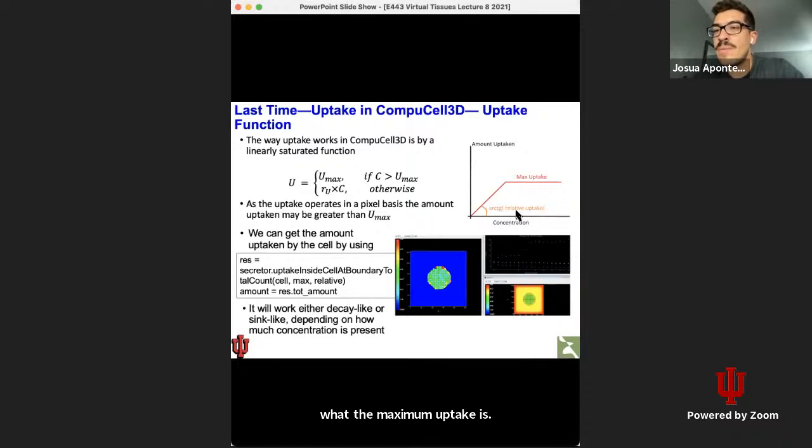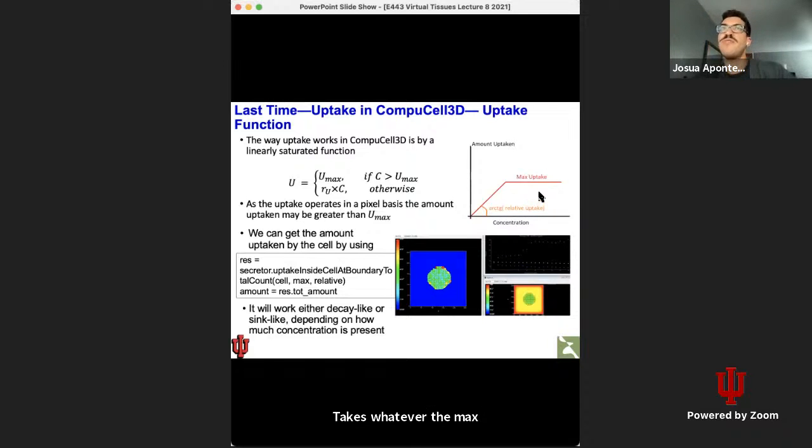When the concentration is above the max uptake, the cell takes whatever the maximum uptake is.